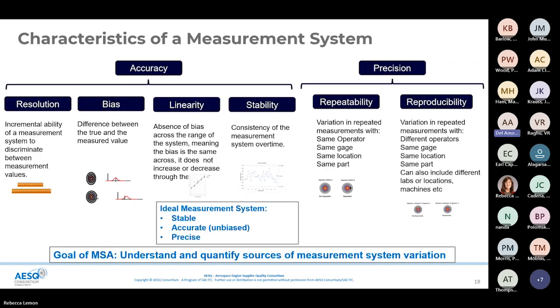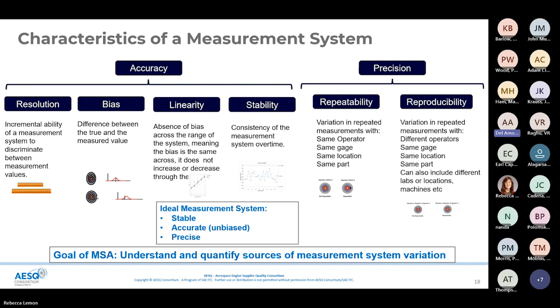We mentioned before that MSA is the process that we use to assess the sources of variation and uncertainty in the measurement system. So let's talk about the characteristics of the measurement system. A measurement system should be accurate and precise, right? Accuracy is determined by 4 different characteristics: resolution, bias, linearity, and stability.